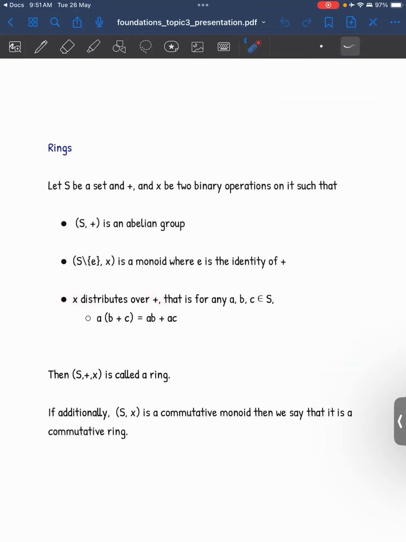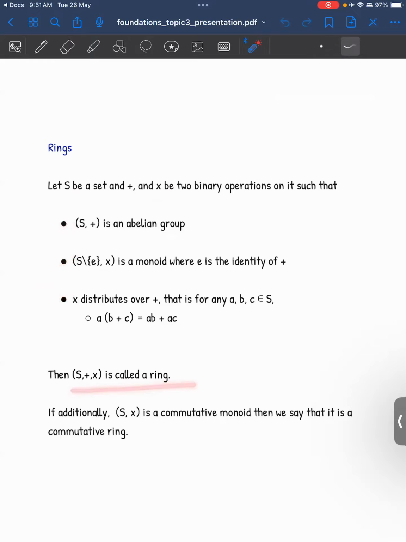That is, if you take any three elements in S, A, B, C, A times B plus C, so you apply multiplication to the result of the addition of B and C, that should be equal to multiplying A and B, multiplying A and C, and then adding them. So that is what distributivity means here. Then if the set under the two operations plus and multiplication satisfies these three properties, then we say it is a ring.